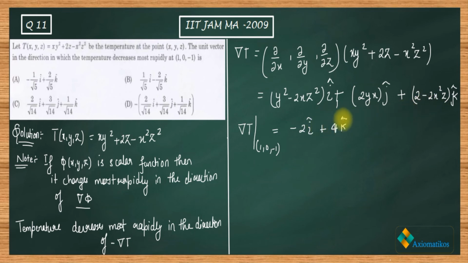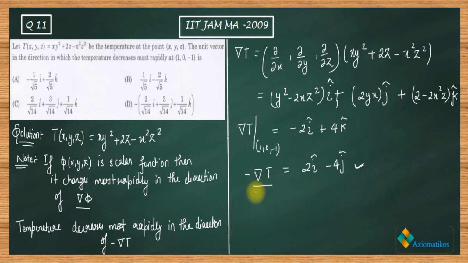Since you are talking about the decrease, it will decrease most rapidly in the direction of minus del T, which is 2i - 4k. Now the question is demanding the unit vector, not this vector.